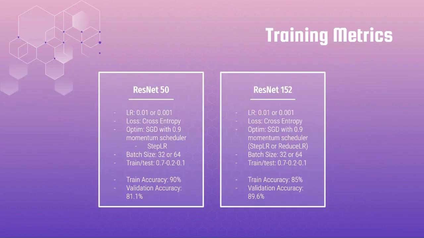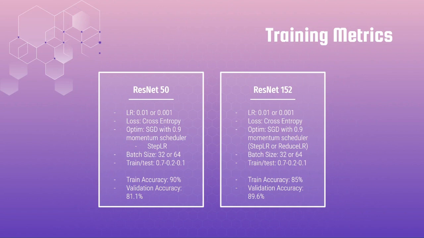So during our training, here are the metrics that we used to specify the hyperparameters for the models. We generally stuck with a learning rate of 0.01 or 0.001 using a cross entropy loss.